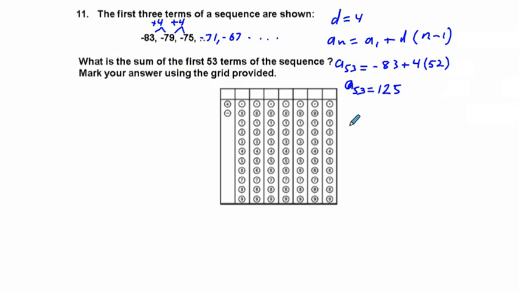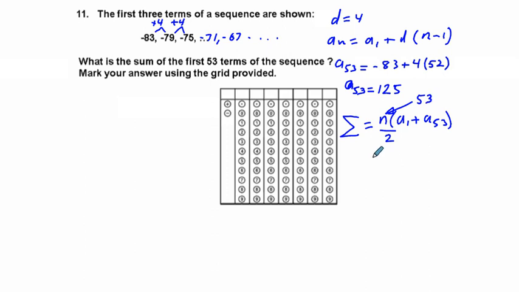So our sum is going to be equal to n times a sub 1 plus a sub 53, over 2. And in this case, n is equal to 53, since we have 53 terms.